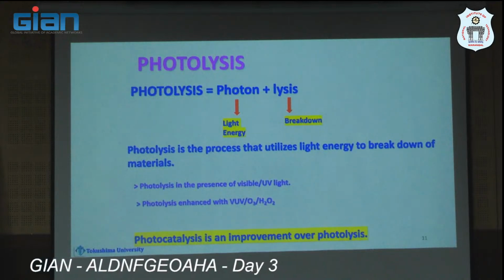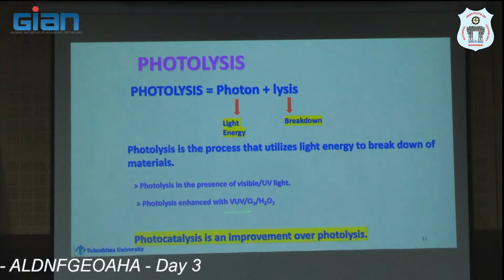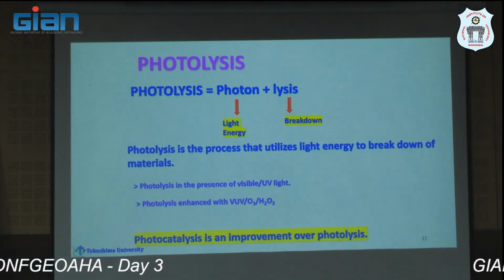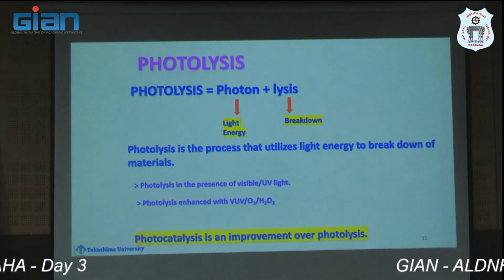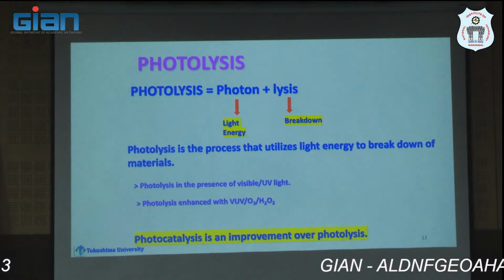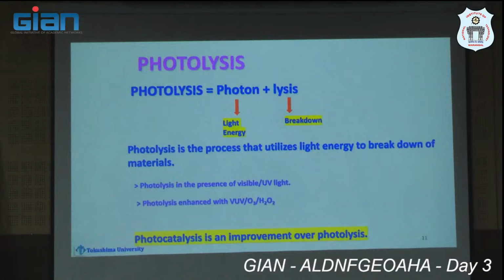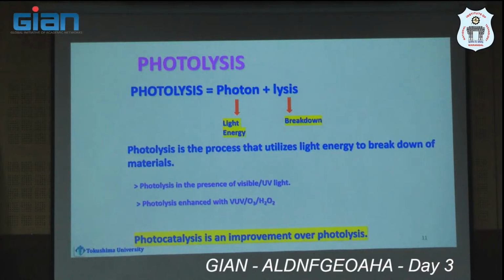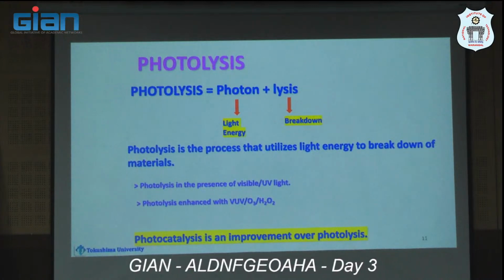Photolysis can be enhanced. Simply, when you put the light, photolysis starts. But if you want to enhance the performance and efficiency, you can add something, ozone or H2O2, hydrogen peroxide, so that the process becomes faster and performance increases. Why? Because we want a solution in quick time, in a better way, faster than earlier solutions.